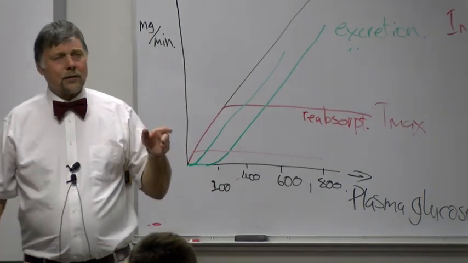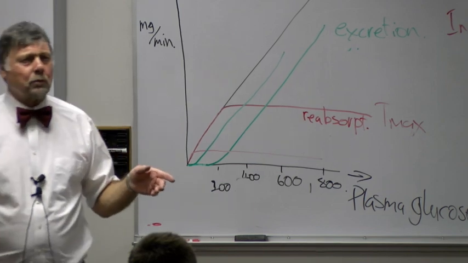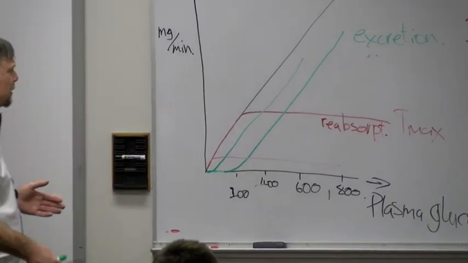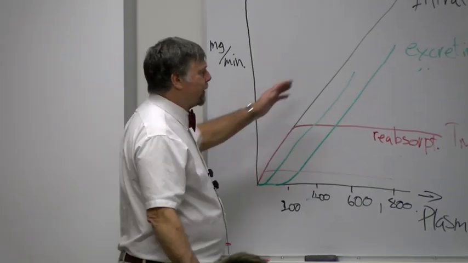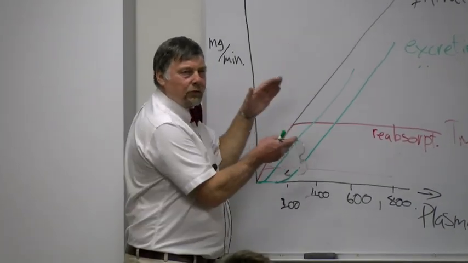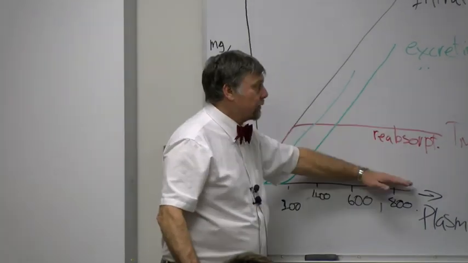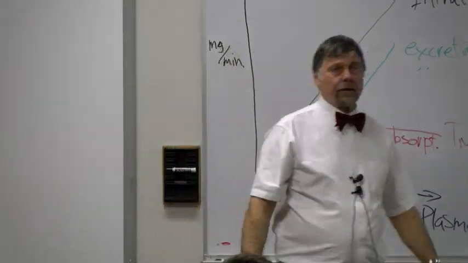If that didn't answer your question, I'd be happy to talk with you afterwards about it. But I'm not thinking of anything that can disrupt that general pattern. Just shift it down and up. That's the only thing that I can think of.